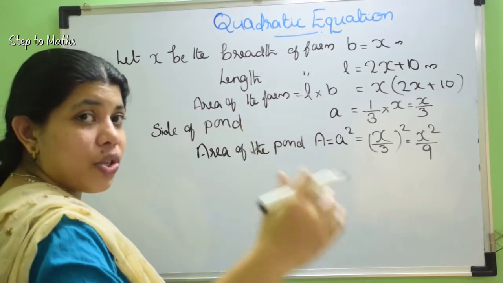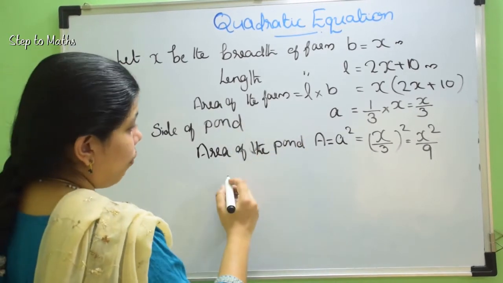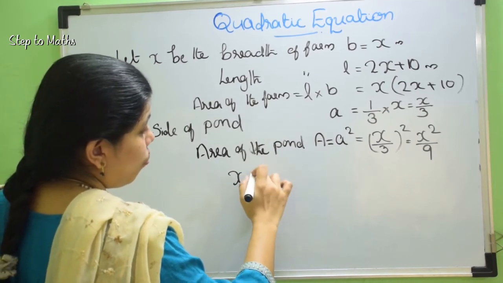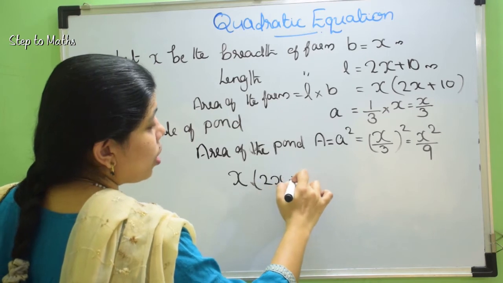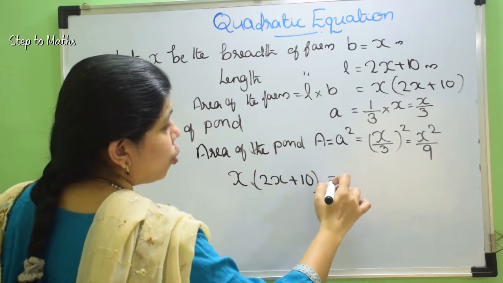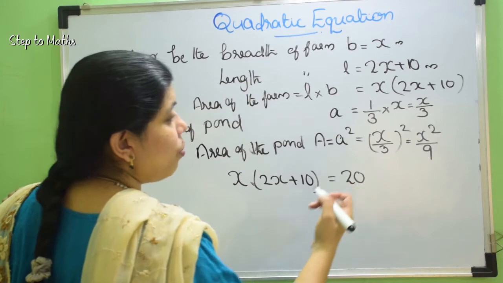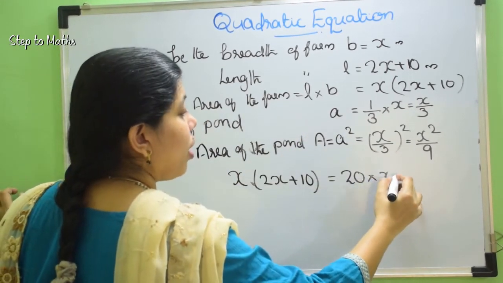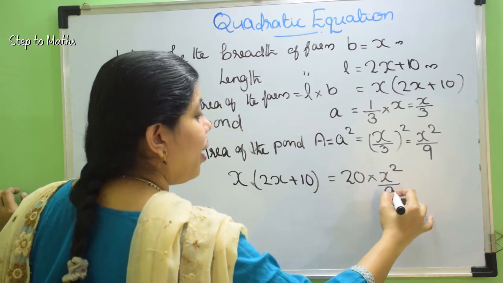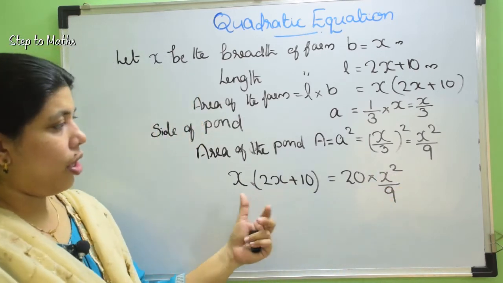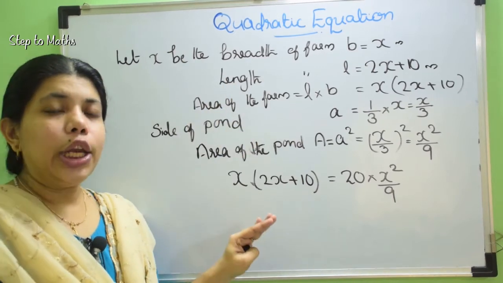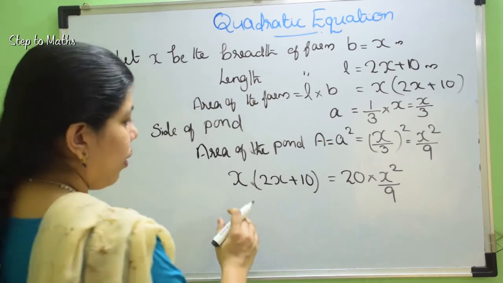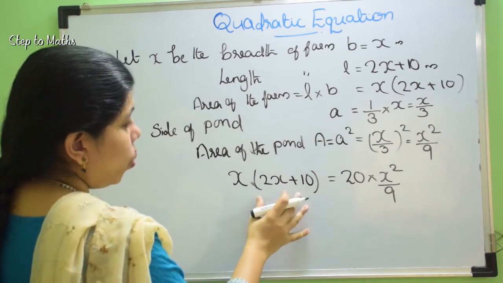So how we can represent that relation? Area of the farm, that is x into 2x plus 10 equal to 20 times area of the pond. 20 times area of the pond is 20 into x square by 9. Now we have represented all the given information. Then how can we solve?